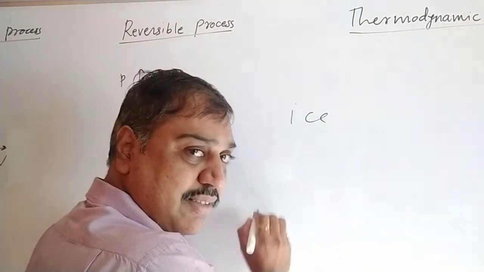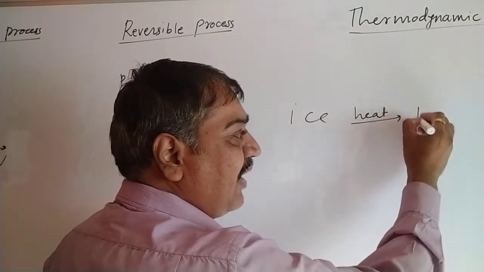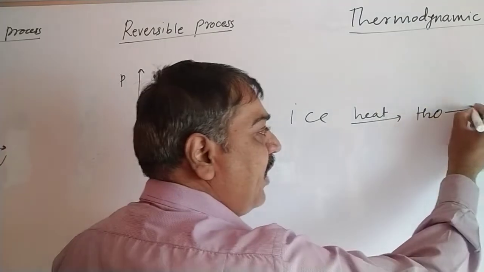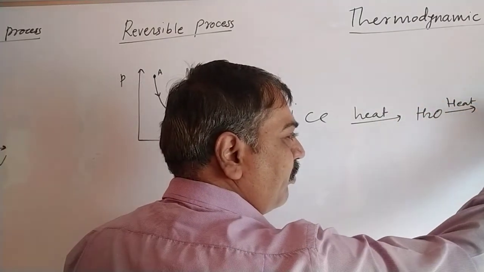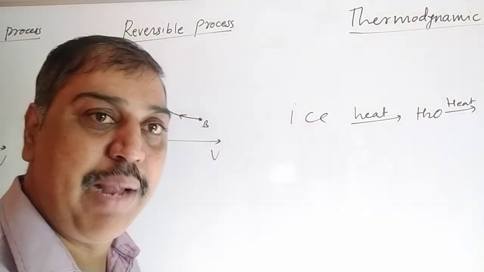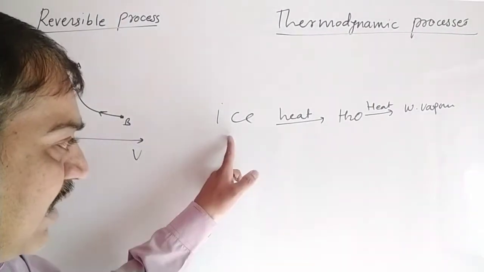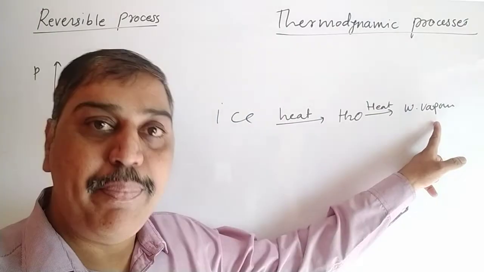Suppose we have ice; if we give heat to the ice it gets converted into water. If we heat the water, it gets converted to water vapor. This process is going from left to right.